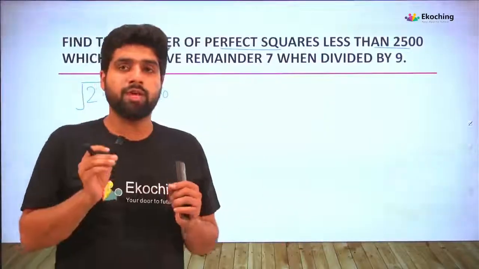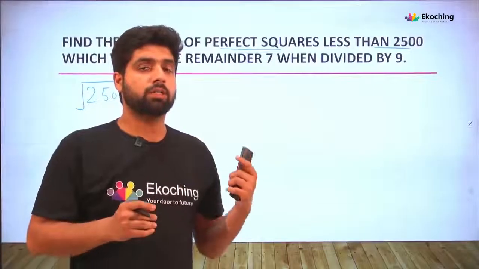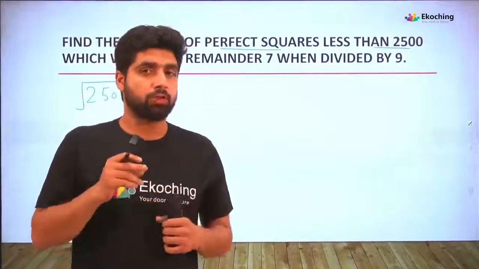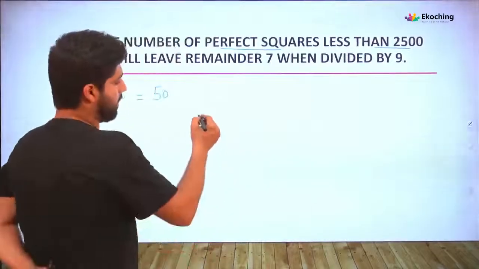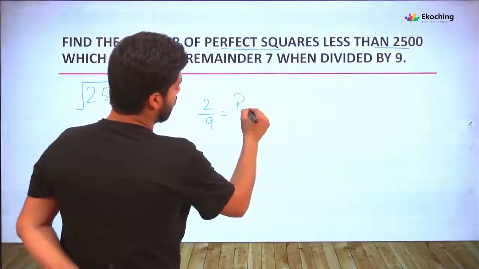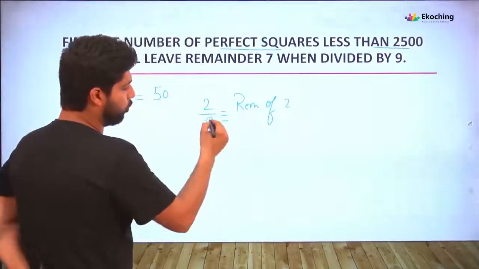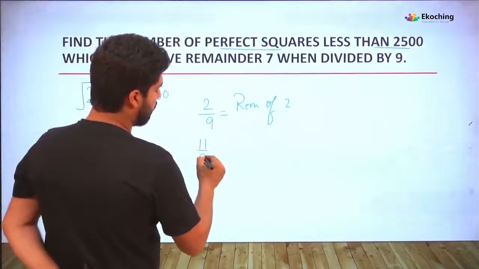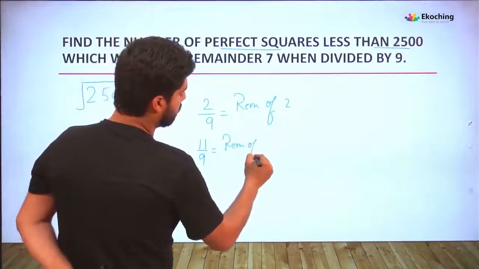No. We have to make a cycle. We have to look at the concept of what the question is demanding. Whenever a number is divided by 9, suppose if I divide the number 2 by 9, it will give a remainder of 2. Similarly, 2 plus 9, 11. If you divide 11 by 9, it will also give you a remainder of 2.